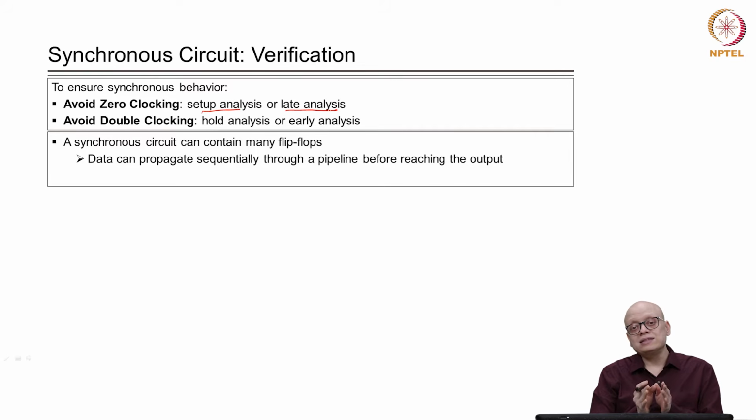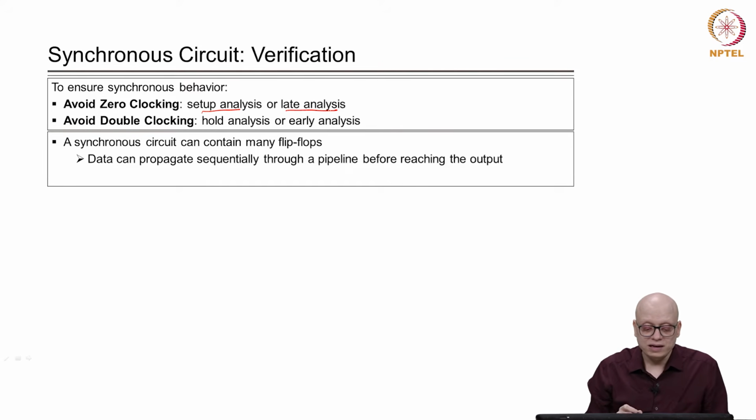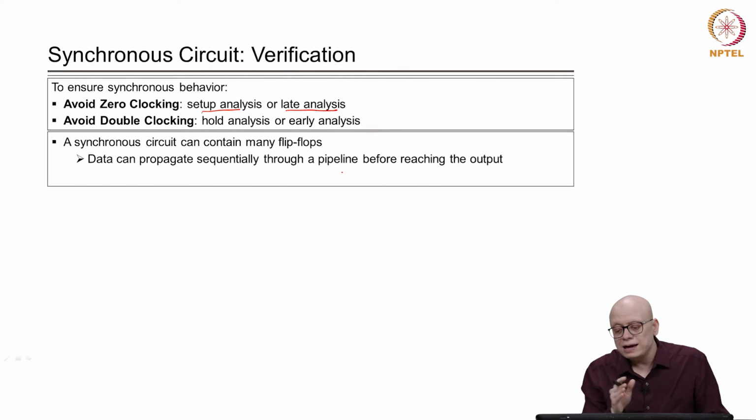So, in that case, what the tool does is that it considers the constraints between pairs of synchronously adjacent flip flops. It considers flip flops pairwise, right. So, in a synchronous circuit which contains many flip flops, data can propagate sequentially through a pipeline before reaching the output.